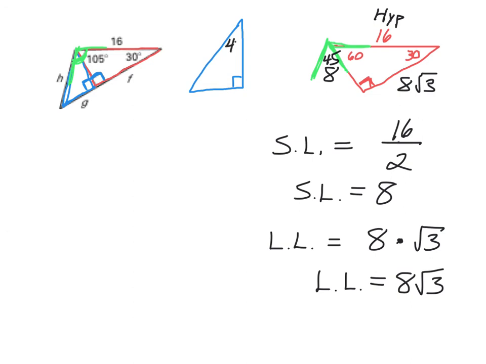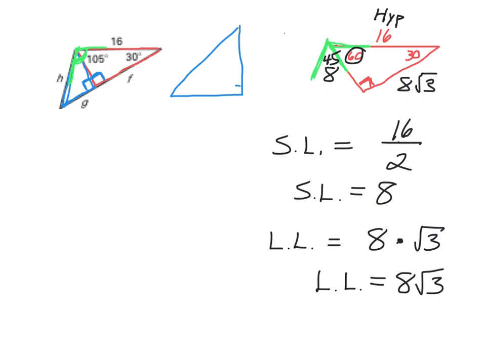So that's this 45 degree angle up here, and next to that is the 60 from the red triangle right here. Those two together obviously add up to 105. So that information just helps me confirm that the triangle that I'm looking at here is indeed the 45, 45, 90.